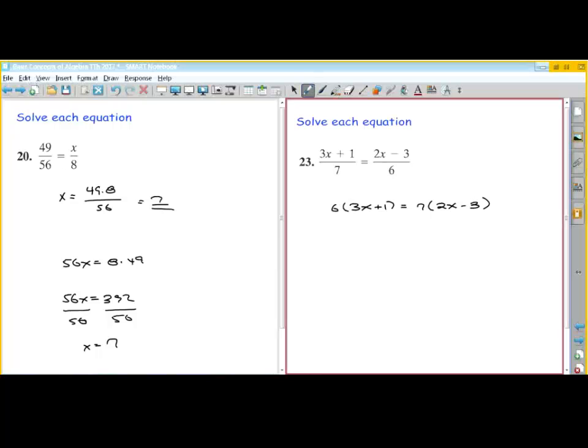And then the first step is to get rid of any fractions or decimals, which we don't have. The second step is to multiply out the terms so that you don't have any parentheses. So we get that.